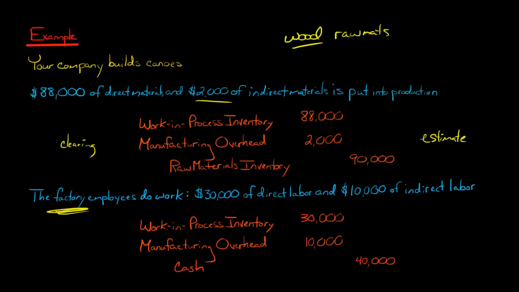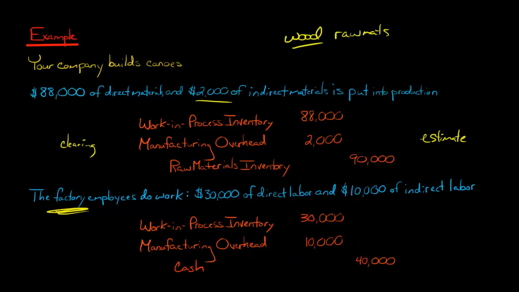Okay, so now let's say we pay cash to these people, so we credit cash for $40,000, but it could also be credit wages payable if we don't pay them immediately. We're going to debit work in process inventory for $30,000. That's the direct labor. But then indirect labor is manufacturing overhead, so we're going to debit manufacturing overhead for $10,000.